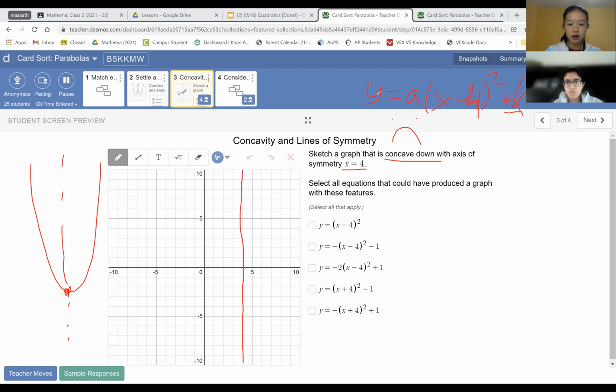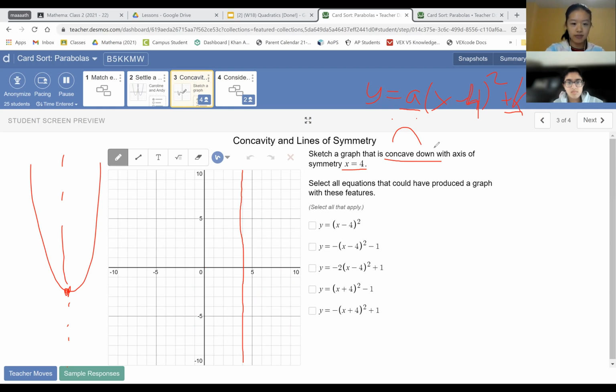So right now we are looking for an equation in the form y equals a times x minus 4 squared plus k. And now we have to look at this a value. Remember that in our last class, we said that when this a value is positive, the graph will look like this. But when it's negative, then the graph will look like this.